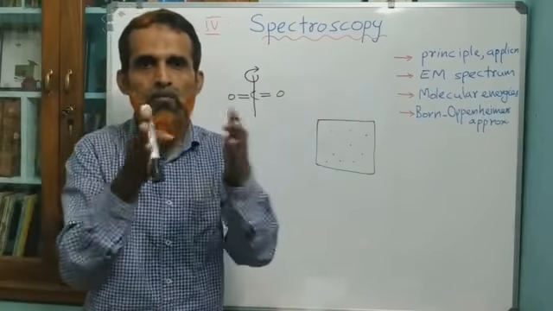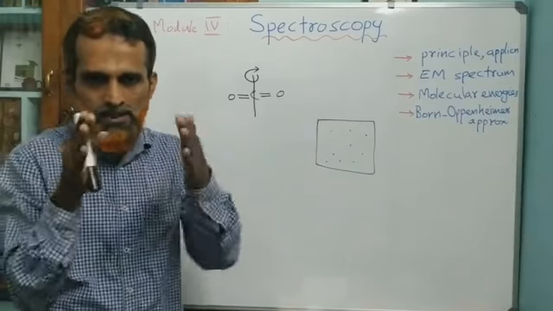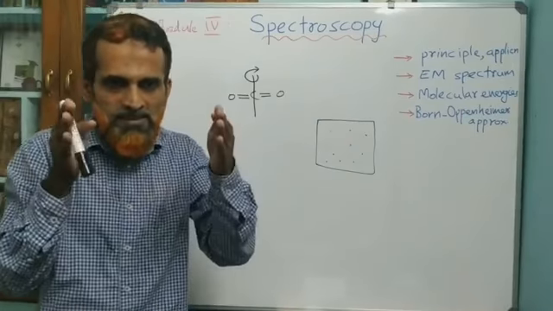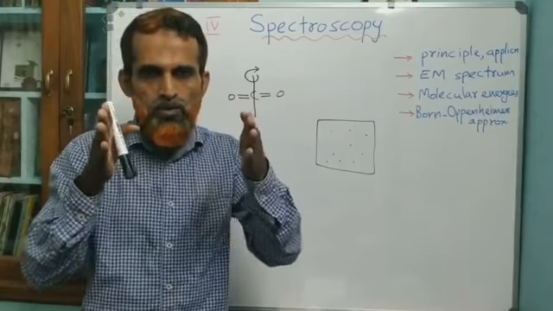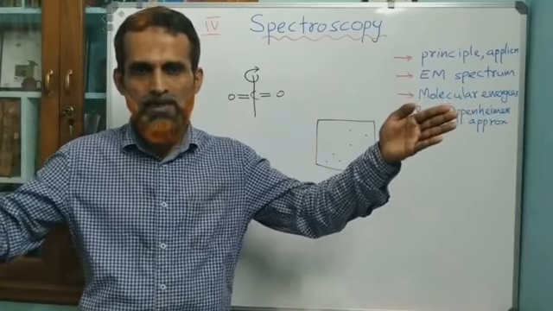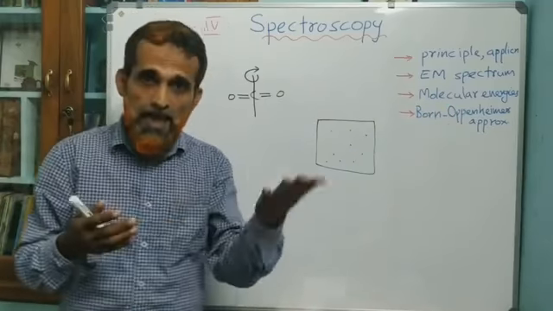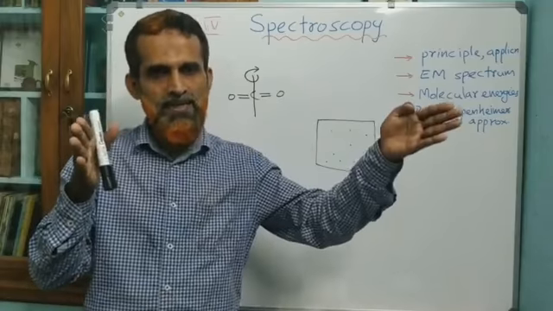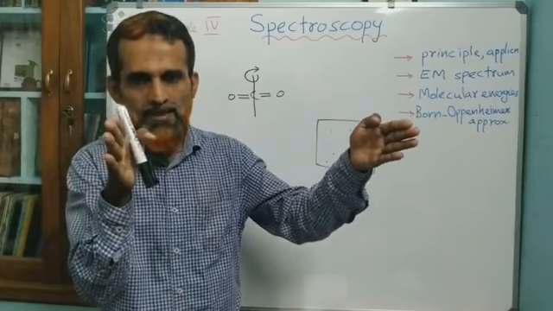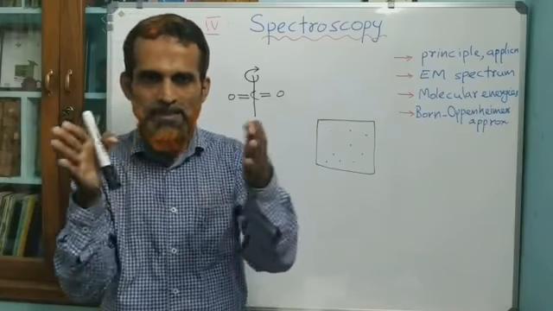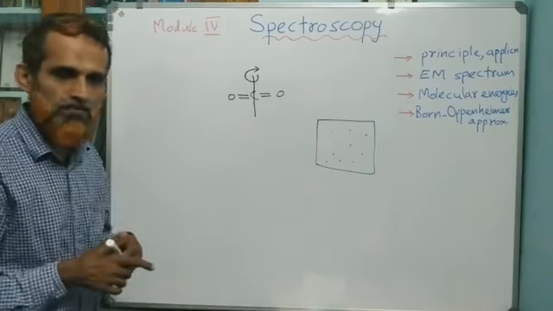This is called vibrations, stretching vibrations. It can be symmetric stretching, where both bonds are getting elongated simultaneously and contracted simultaneously like this. It can also be that one bond is getting elongated while the other is getting contracted like this, asymmetric stretching. So these are stretching vibrations.